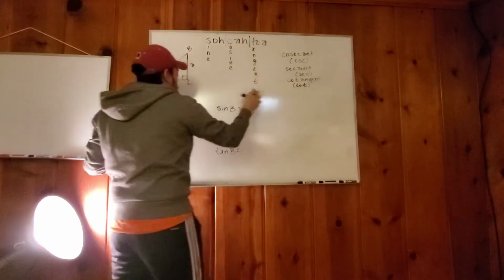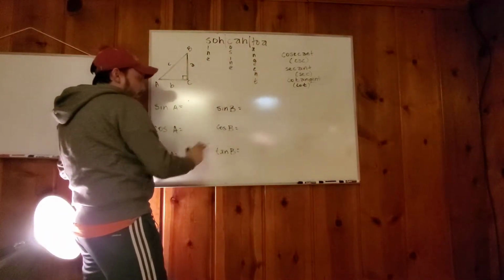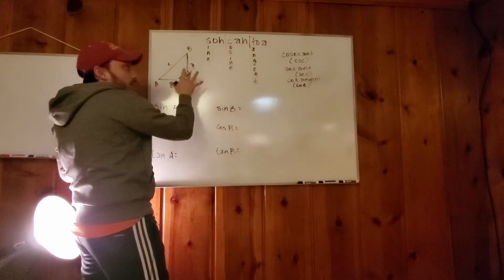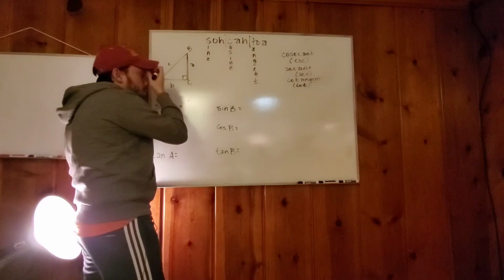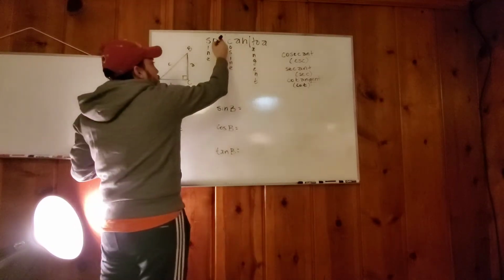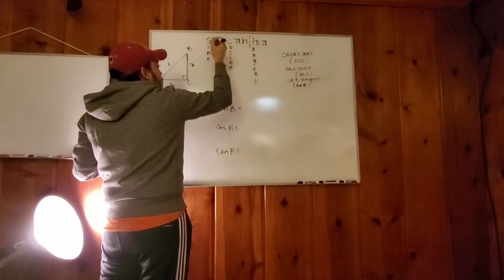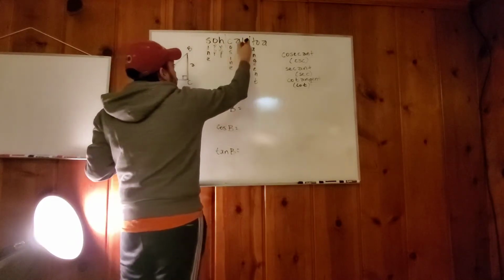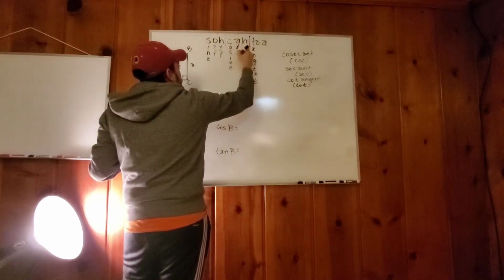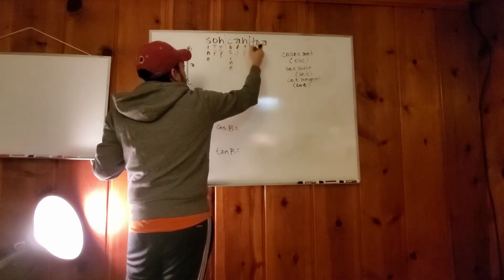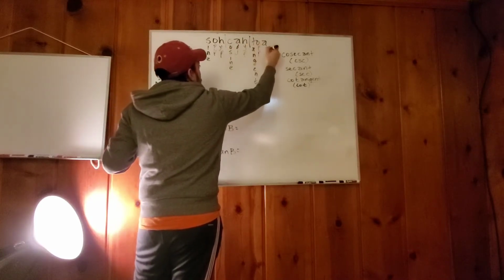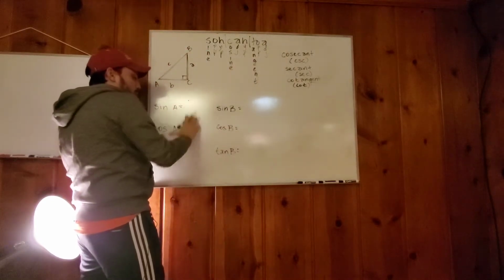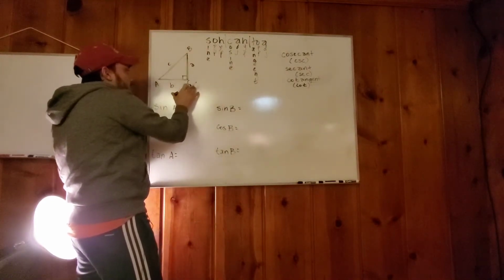So I will get into what this means a little bit more in a second. So this one means opposite side over hypotenuse. This is adjacent side over hypotenuse, and this is opposite side over adjacent. I'm not writing the whole thing because I'm trying to explain this here according to this triangle.